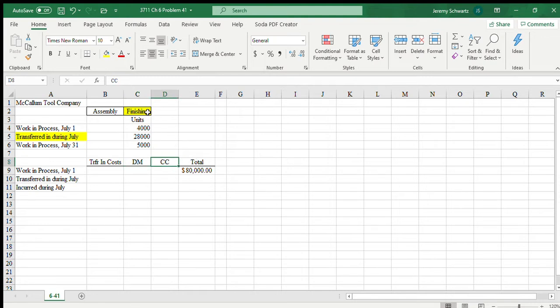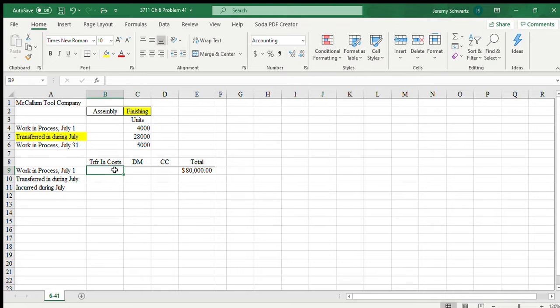Now, the problem indicates that the units that are in beginning inventory in the finishing department, we have 4,000 units at the beginning of the month of July, but in the problem itself, it says that the direct materials are added at the end of the finishing process.